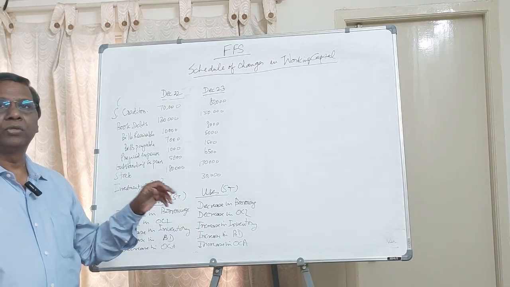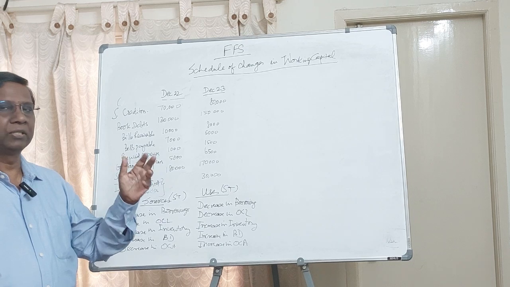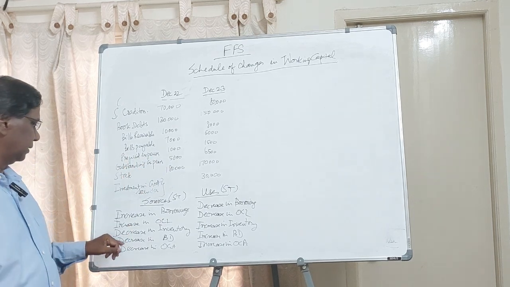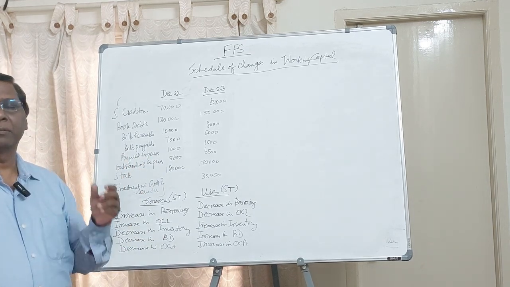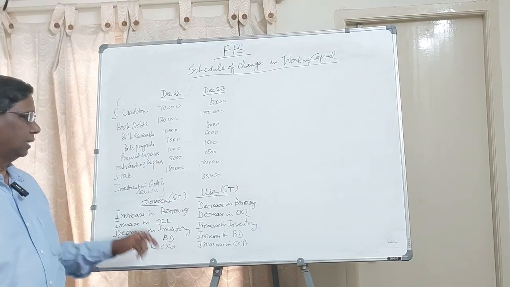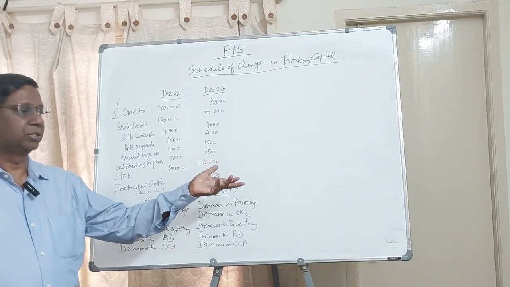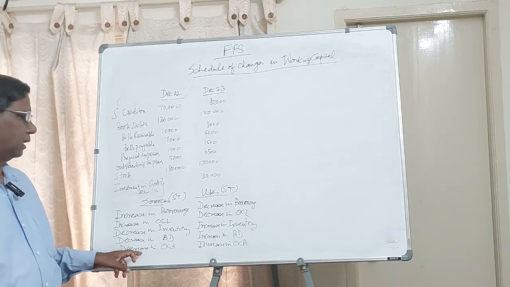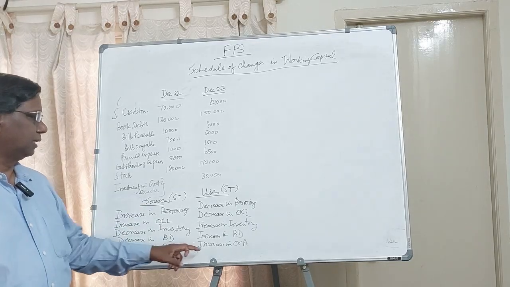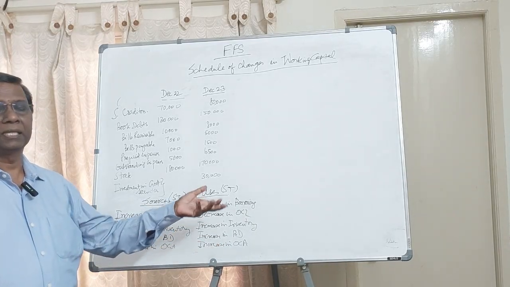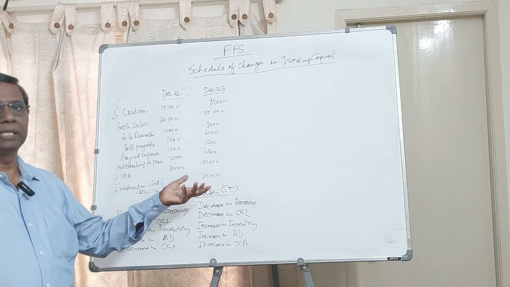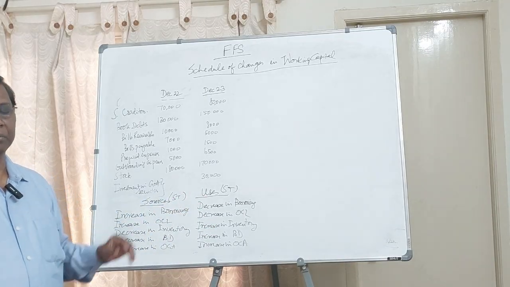Increase in inventory, you are purchasing, so cash is going out. Decrease in book debts, your customers are paying, cash is coming in, source. Increase in book debts is just the opposite, use. Likewise, decrease in other current assets, source; increase in other current assets, you are purchasing, so naturally it is a use. So these are the things you have to keep in mind.